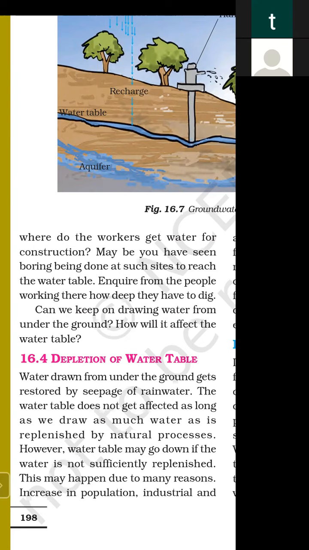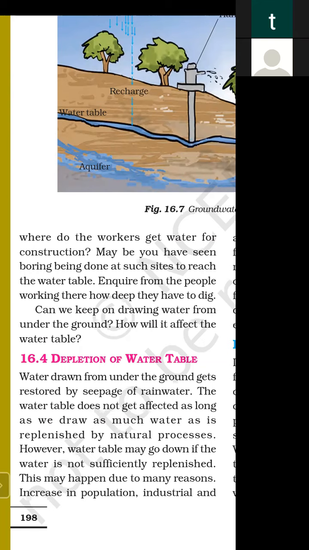The water table does not get affected as long as we draw as much water as is replenished by natural process. Replenished means recharged by the natural process, with the help of the water cycle or the water from lake or river.